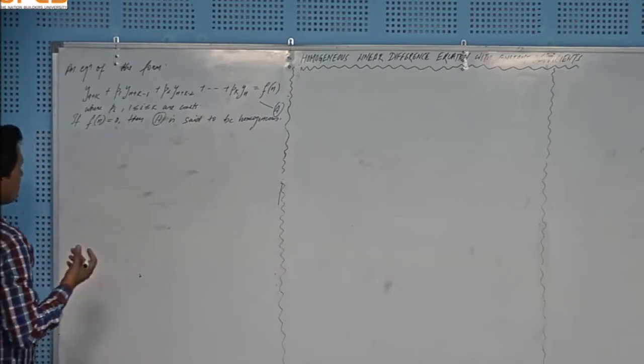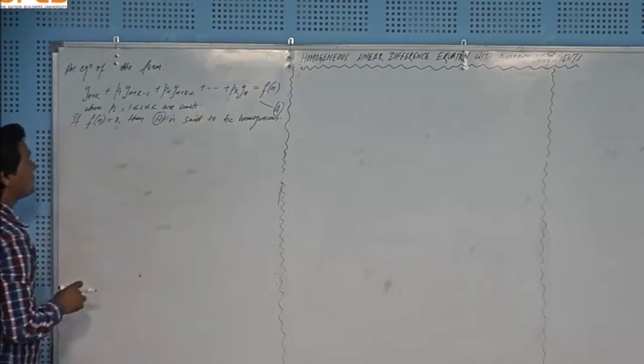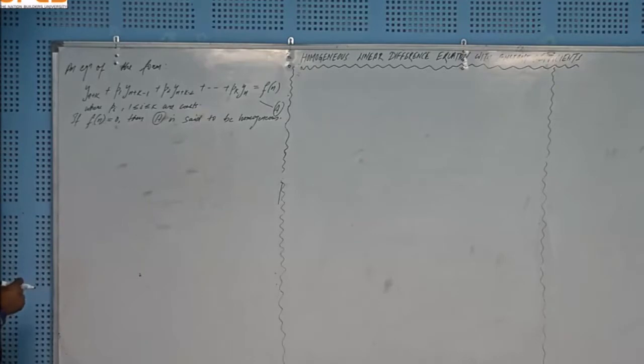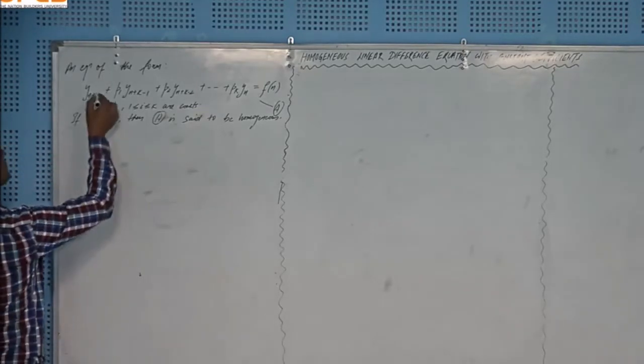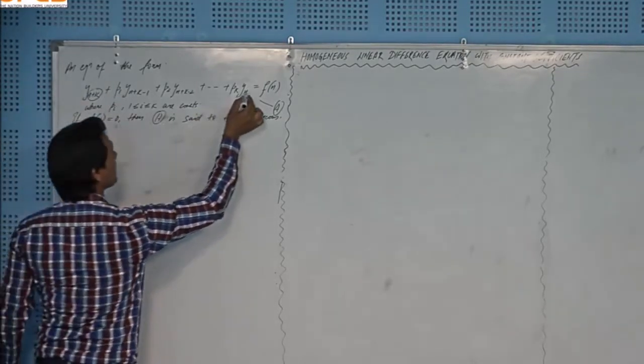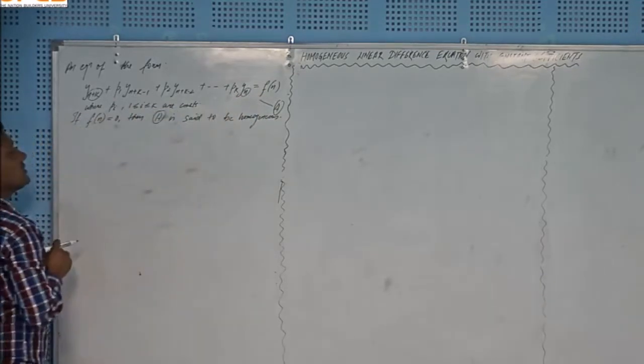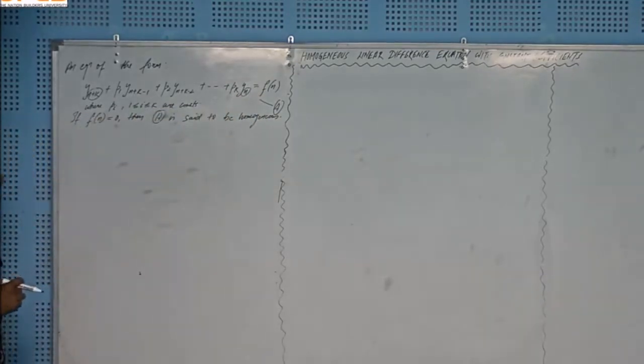So I will take a smaller difference equation of order 2. You know that the order of a difference equation is just the difference of the indices, n+k minus n, so it is a difference equation of kth order, right?